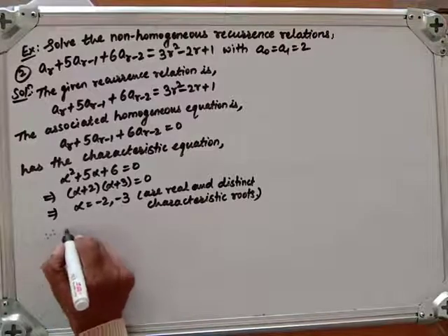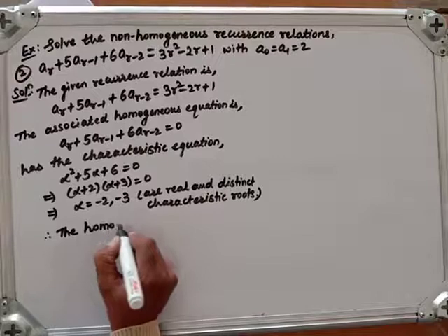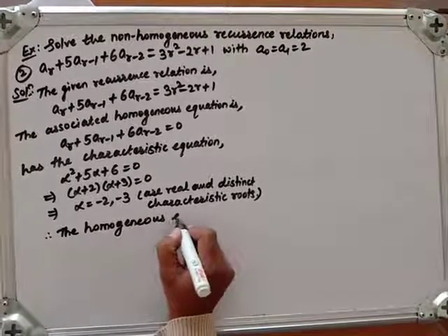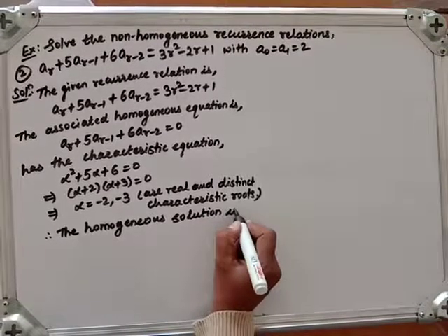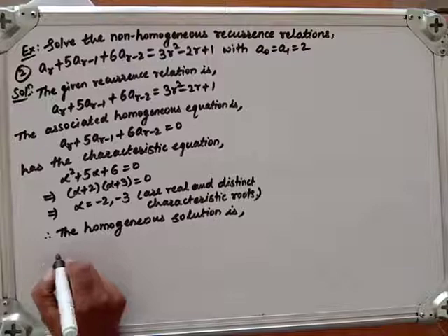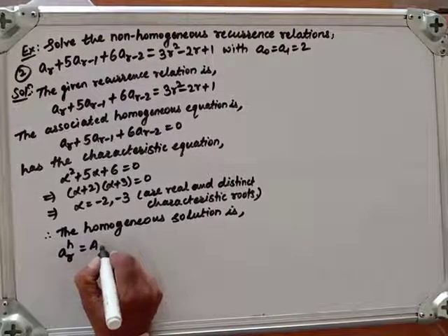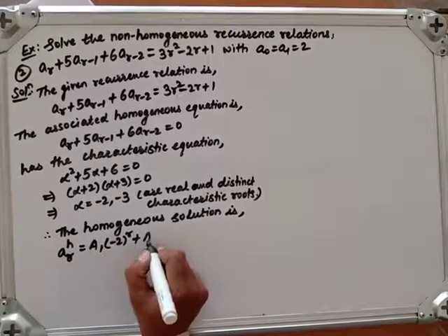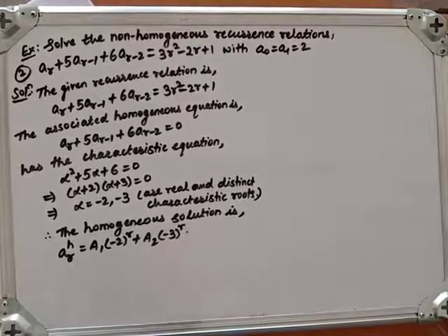Therefore the homogeneous solution is ARH is equal to A1 into minus 2 raised to R plus A2 into minus 3 raised to R. Fine.